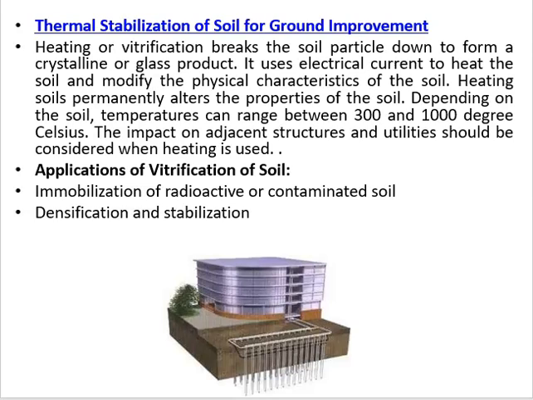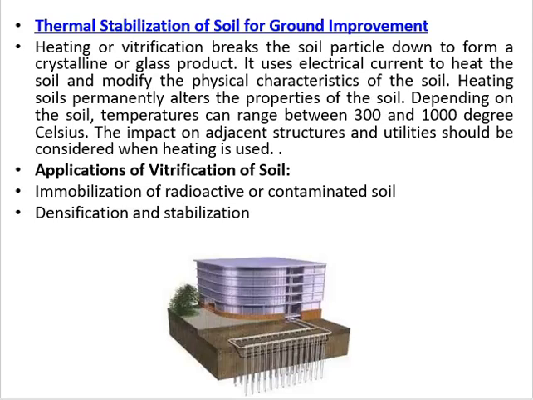Thermal stabilization. It has been observed that heating or cooling shows certain marked changes in the soil properties. These heating and freezing techniques have been extensively used as soil improvement techniques, and these methods require electricity.